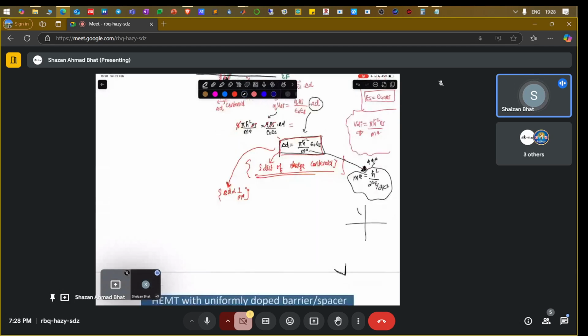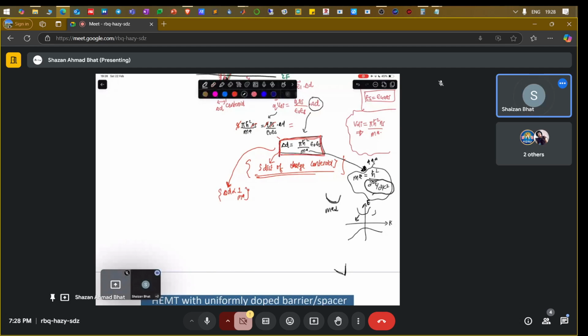If you have a band structure like this, the E-K diagram, the electron dispersion figure, the curvature of this is related to this denominator. So the higher the curvature, the lesser the effective mass. The smaller the curvature, the higher the effective mass. And that is going to impact this particular distance.